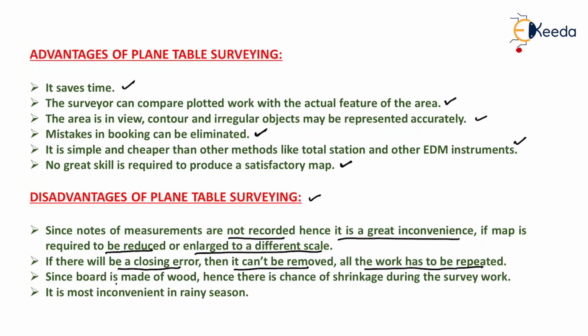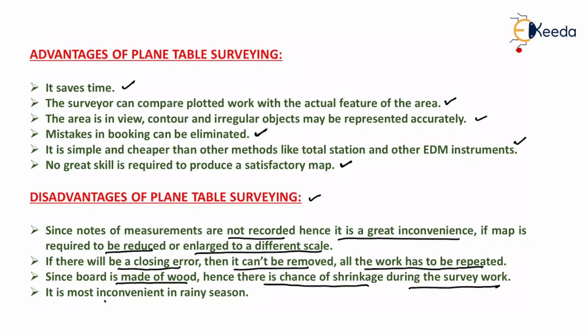Since the board is made of wood, there is a chance of shrinkage during the survey work. It is already known that if the board is made of wood and it gets wet during the rainy season and dries in the sun, shrinkage and swelling of the board will occur, and due to this there will be shrinkage and swelling of the paper also.